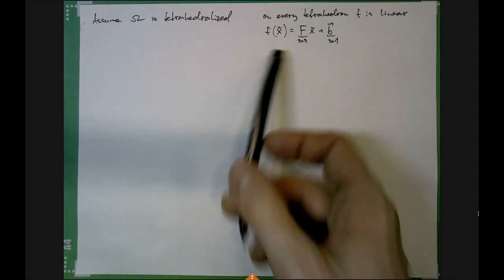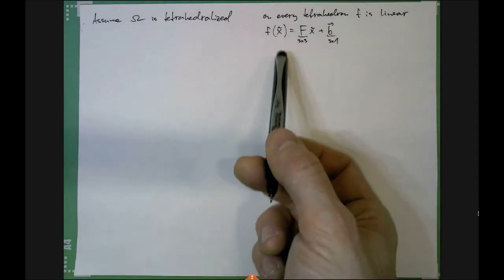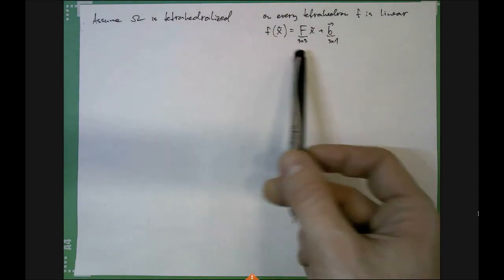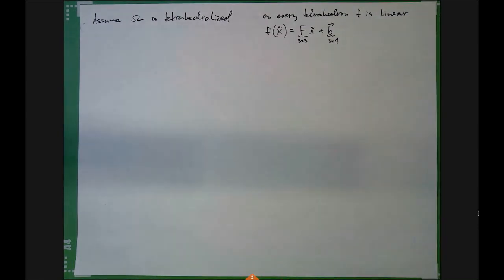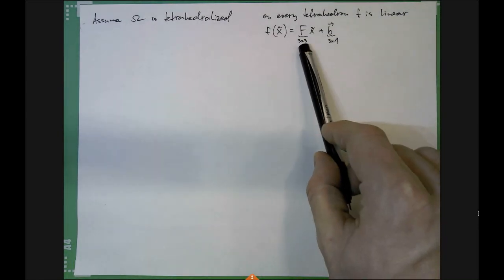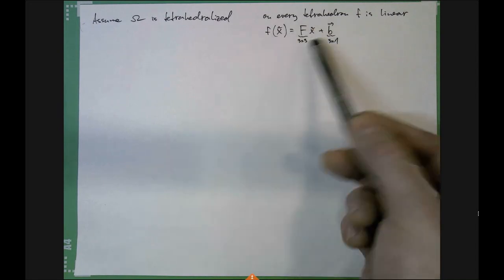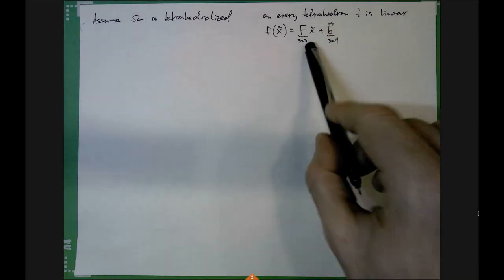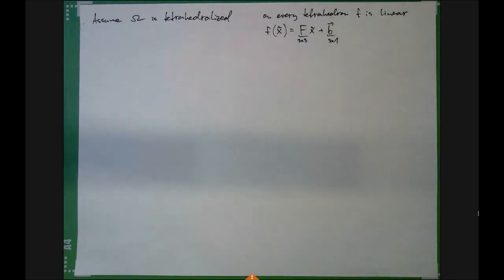Because if I have a 3D linear, that's actually an affine function, then it must look like this. And this is exactly the deformation gradient, because the Jacobian of this is exactly F, because this is just the linear part there. And this translation disappears immediately.